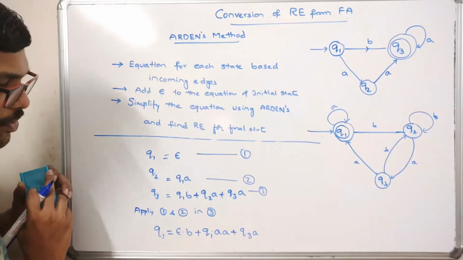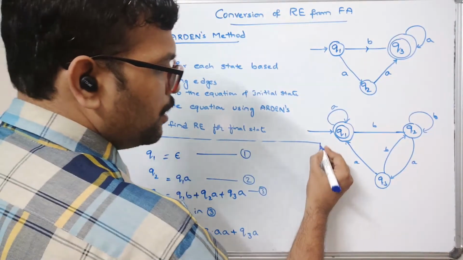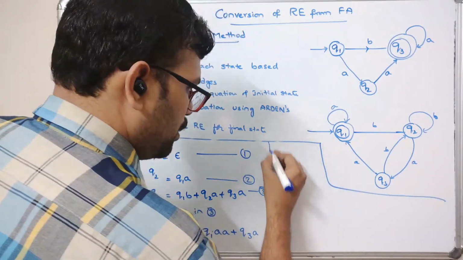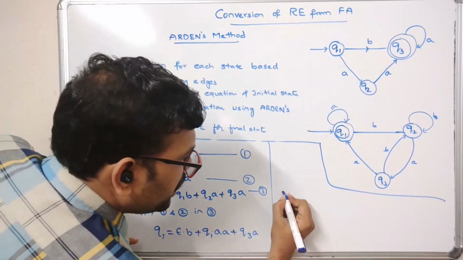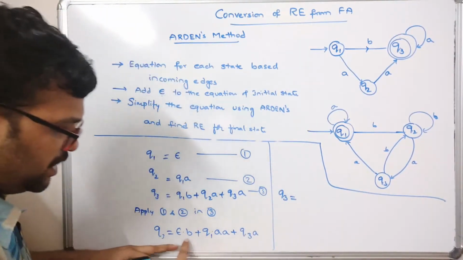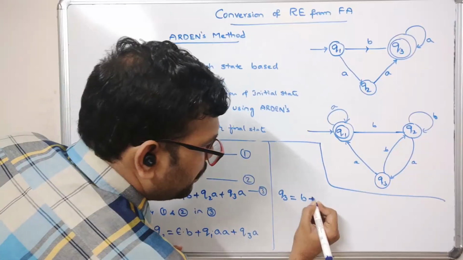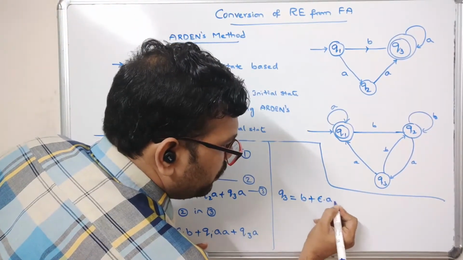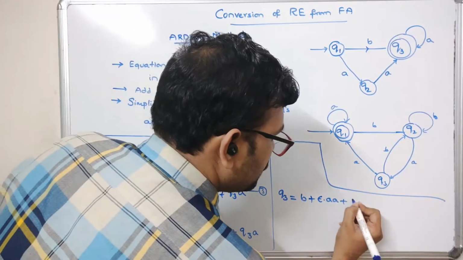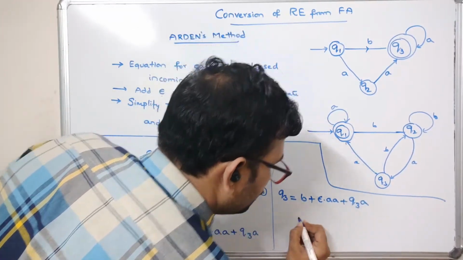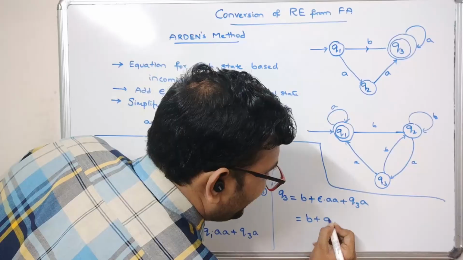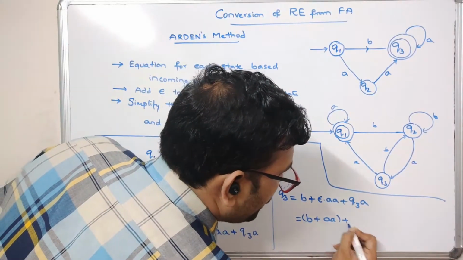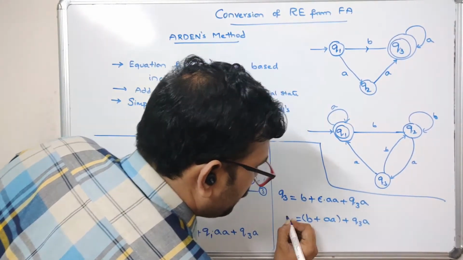So Q3 is equal to epsilon B, that is nothing but B, plus Q1, again epsilon into A, plus Q3 A. Here you can see B plus A plus Q3 A.